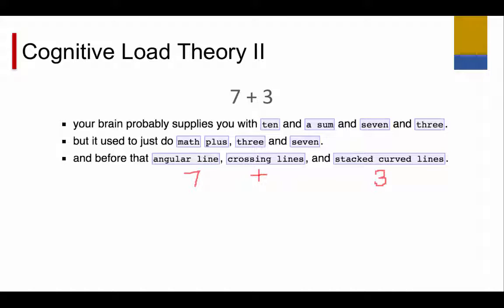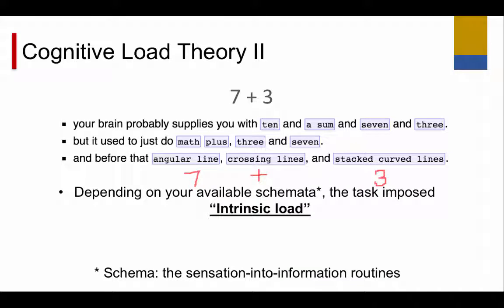So depending on the cognitive development, an individual has different levels of information processing routines. The routine to process sensation into information is called schema, or schemata in plural. Depending on individuals' available schemata, each individual needs a different cognitive load imposed to process a task.